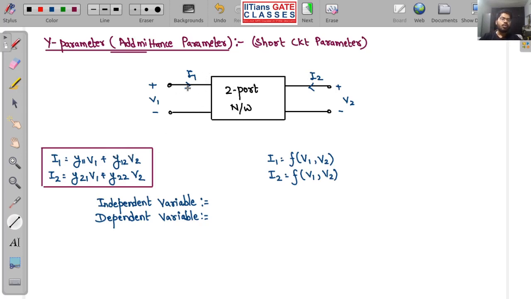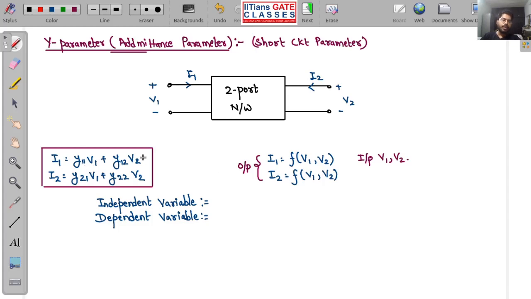Here you can see my inputs are V1 and V2, and the outputs are I1 and I2. So what are my independent and dependent variables?